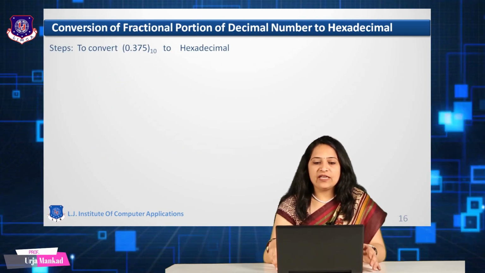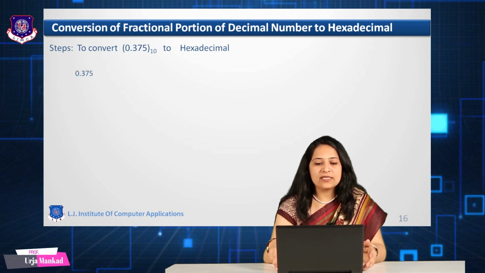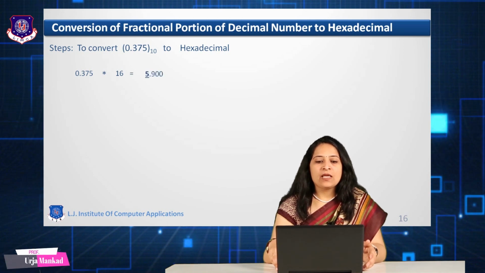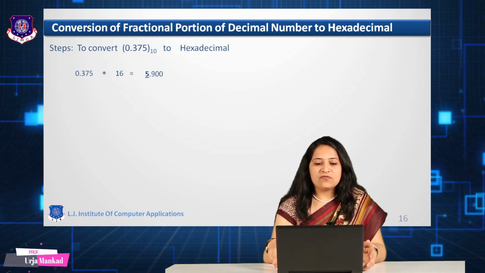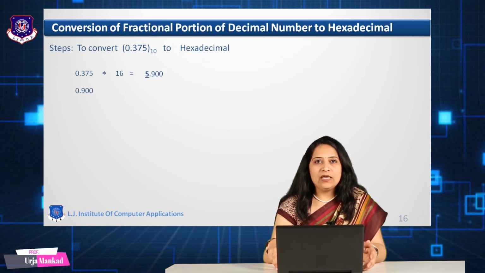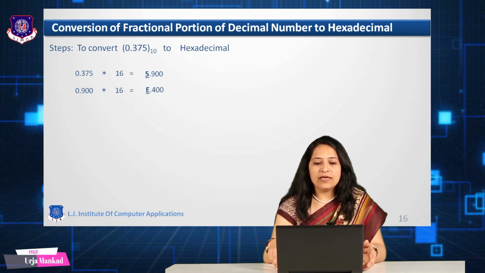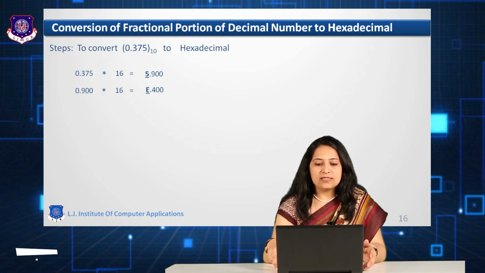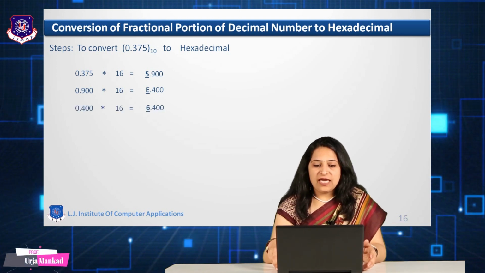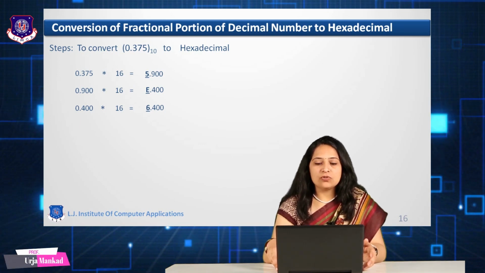Similarly, if we have a fraction portion that is 0.375 and I want to convert it into hexadecimal, I have to multiply it by 16 and we will get 6.000. Again, we have to multiply the fraction portion by 16 and the answer is E.400. Repeat those steps till you get the fraction portion equal to 000.